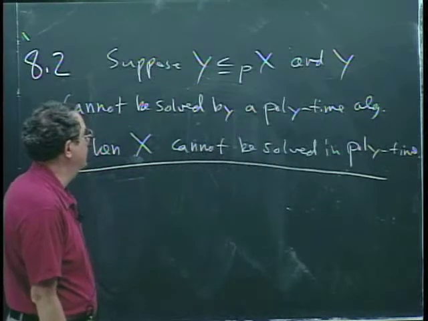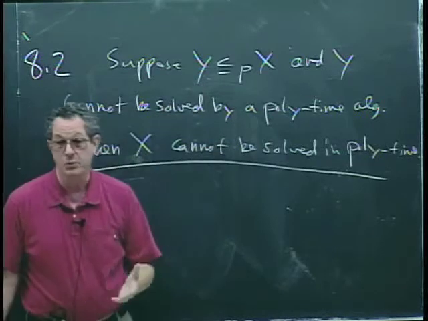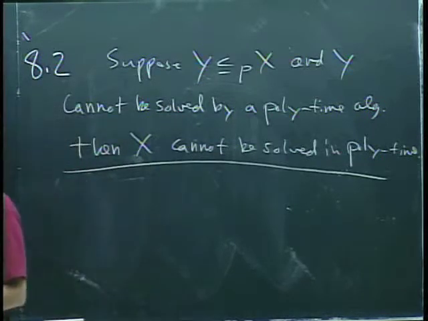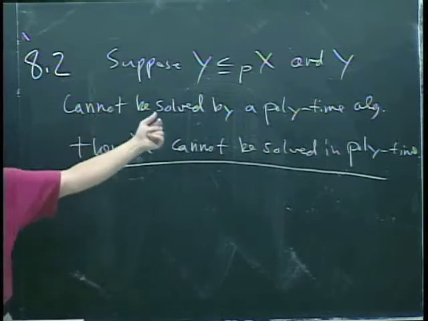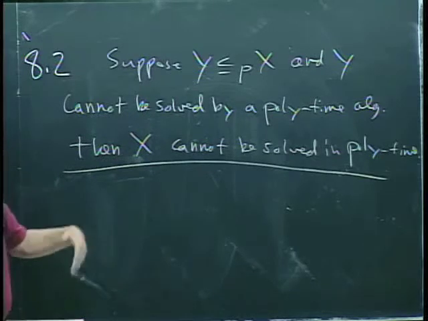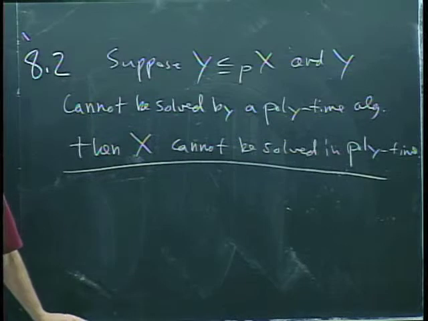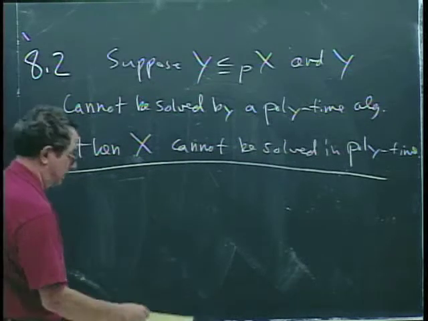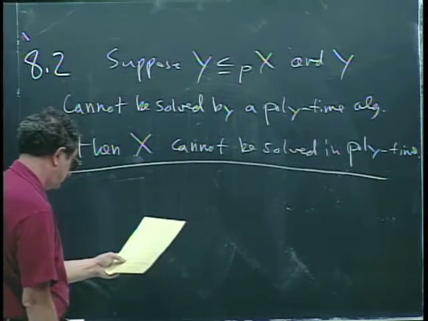If we actually have a problem that we know for sure can't be solved in polynomial time, and we have all these polynomial time reductions, then we can build up a whole set of other problems which we can conclude cannot be solved in polynomial time. We're not quite going to do that, but we're going to do that in spirit. We're going to come close to that.